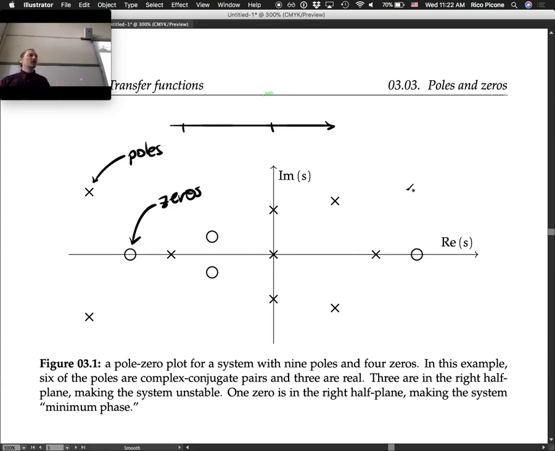What is the order of this system? 9. And why is it 9? The number of poles is the number of eigenvalues, is the number of roots of the characteristic equation, is the order of the system, is the number of state variables that represent the system, right? So it's a 9th order system, which is pretty big.